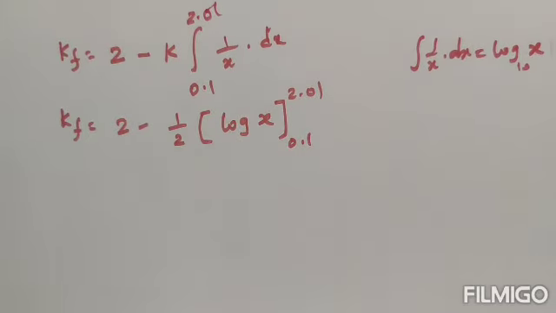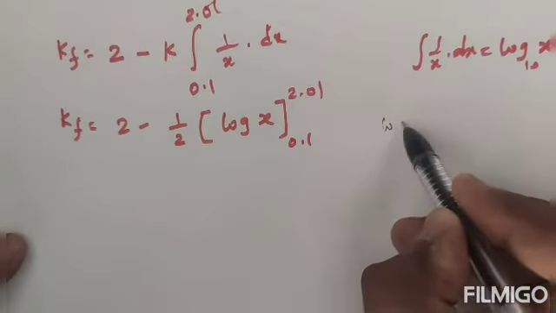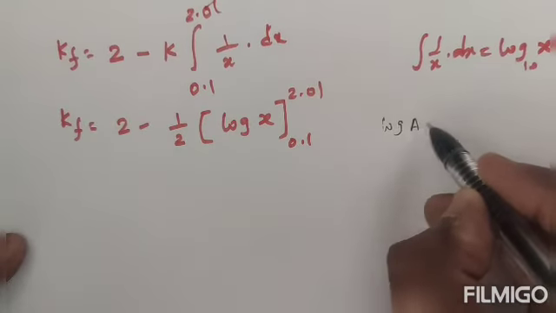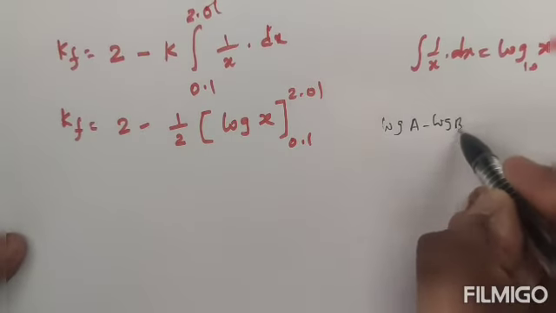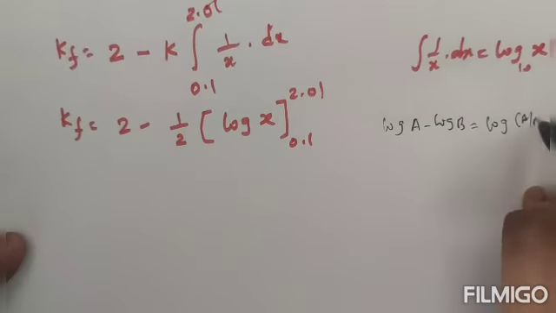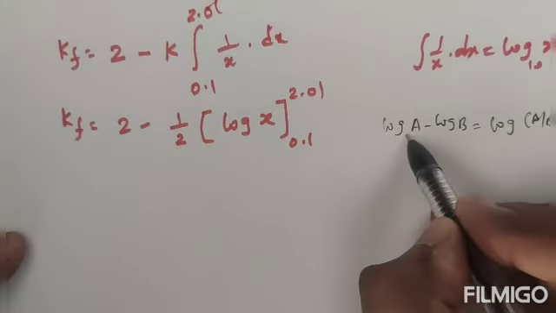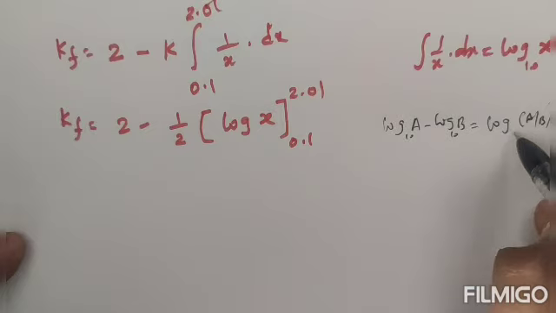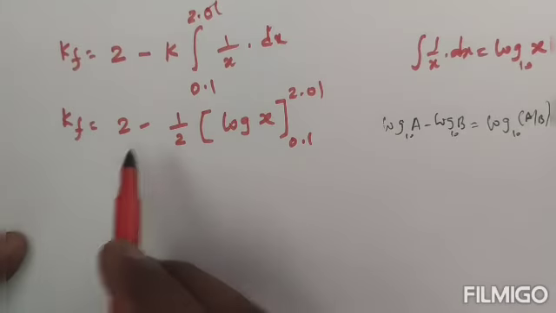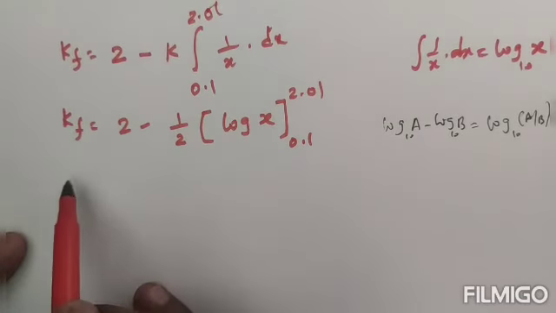So now we know one more formula, that is log A minus log B is equal to log of A by B. Here also base 10. Okay, so according to this formula we can write the steps, upper limit minus lower limit, that only.